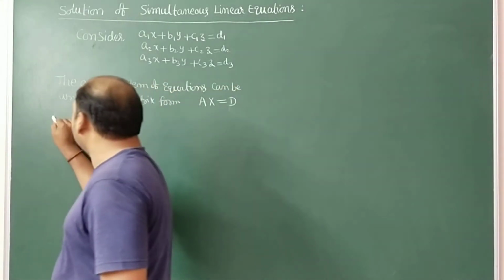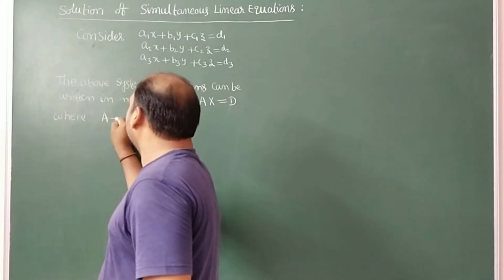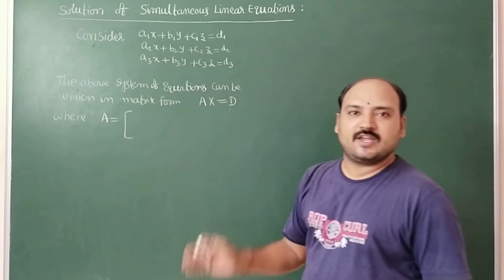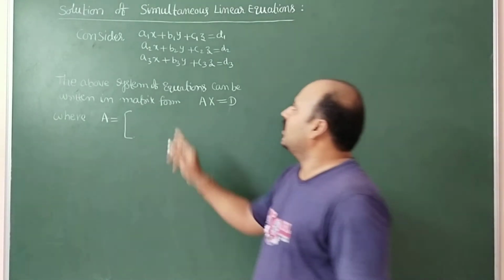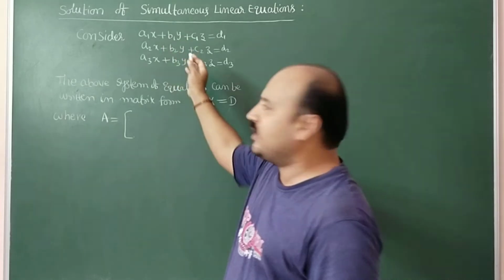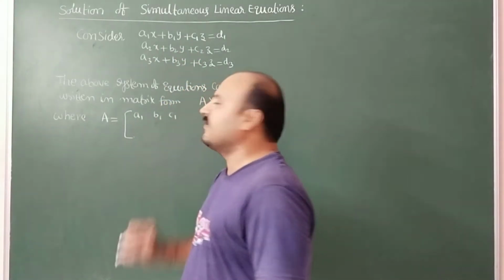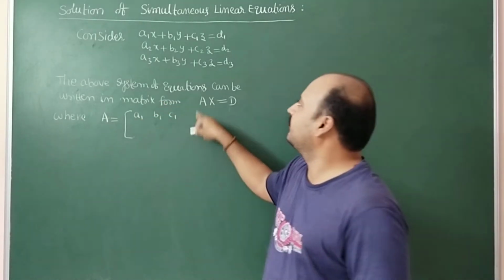So where capital A is equal to, in three equations, x, y, z coefficients you have to write. In the first equation, the x, y, z coefficients a1, b1, c1, you have to write in row 1.